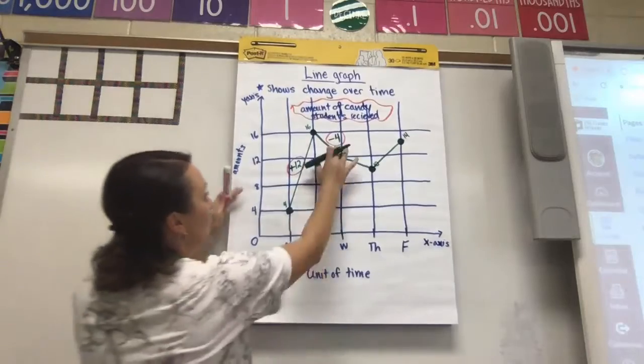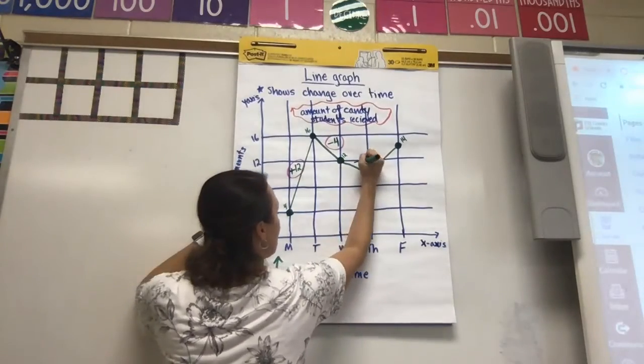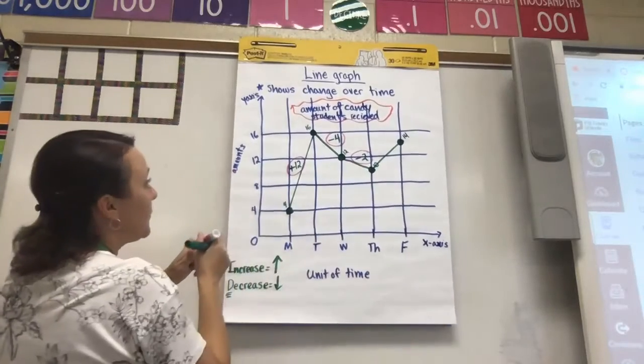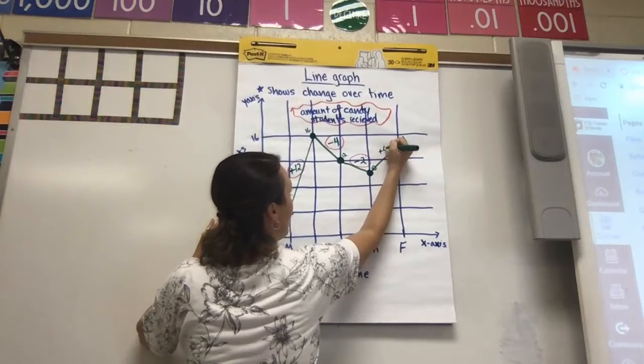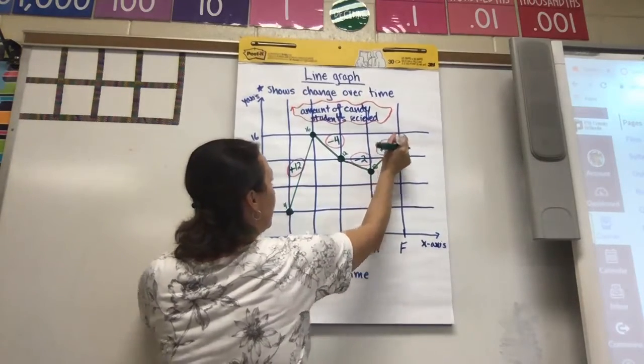Now let's look at 12 to 10. 12 to 10 is a decrease. 12 minus 10 is 2. That is a decrease of 2. And then from 10 to 14 is an increase of 4. And that goes up by 4.